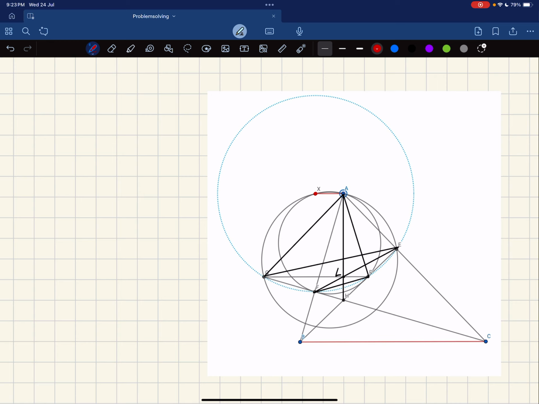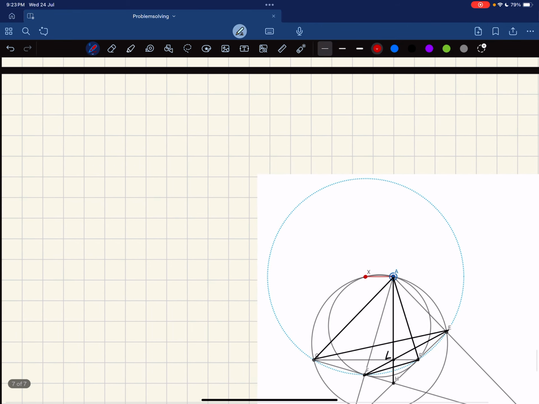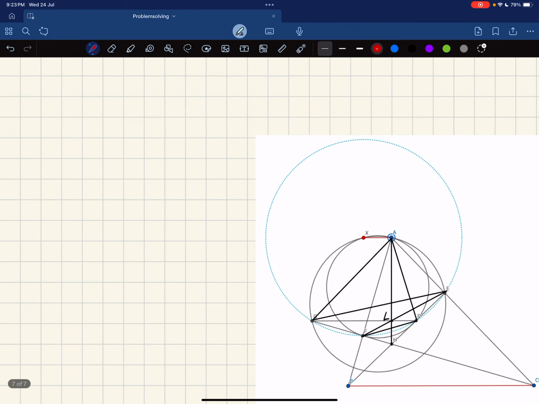Maybe that's only an assumption, so we try to prove that. So we can denote the center of the circle QFPE as maybe letter Y. So maybe it's here, who knows?